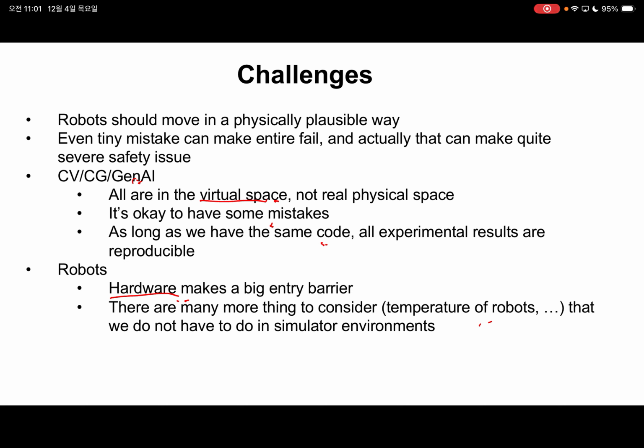The only difference is the temperature of the robots. That happens quite a lot. So there are many things to consider in hardware and physical space, so implementation and experiments are way more difficult than virtual space experiments. Reproducing experimental results is not very easy on the hardware side.